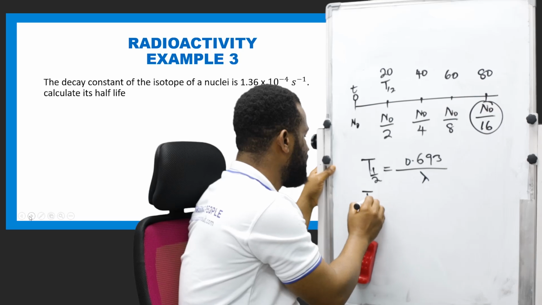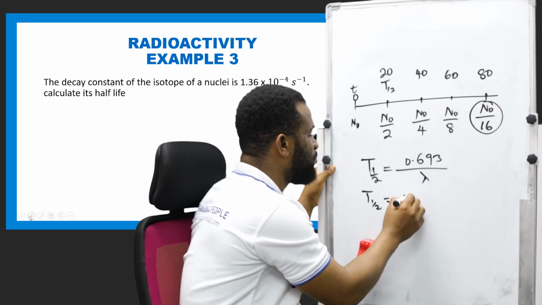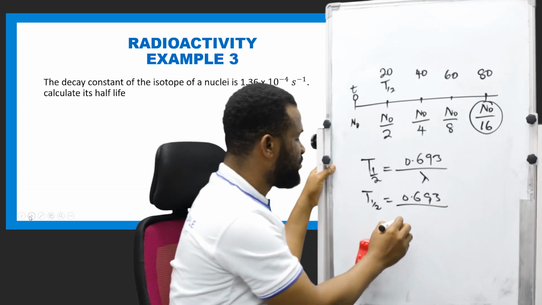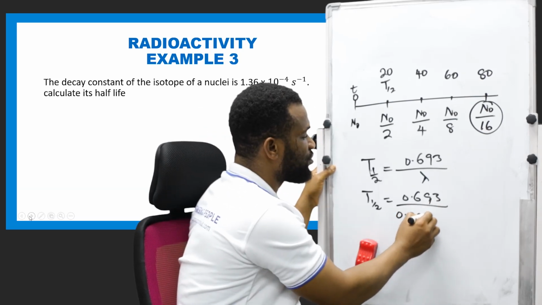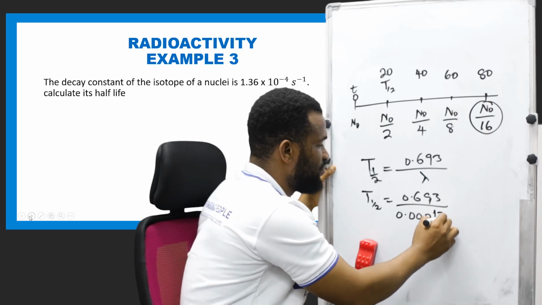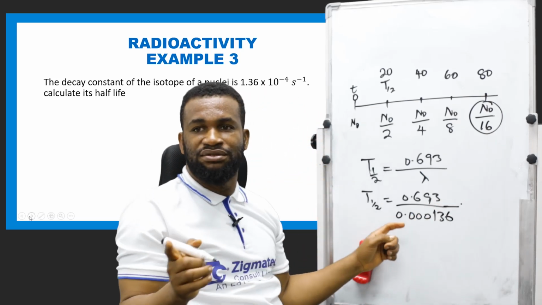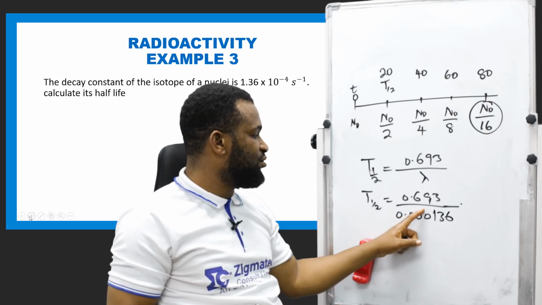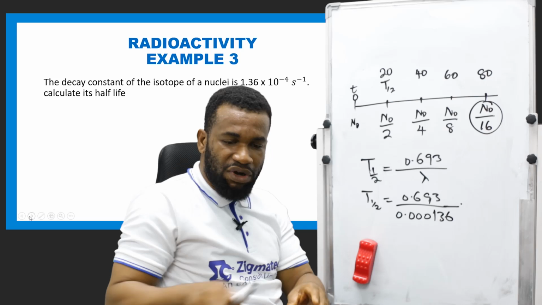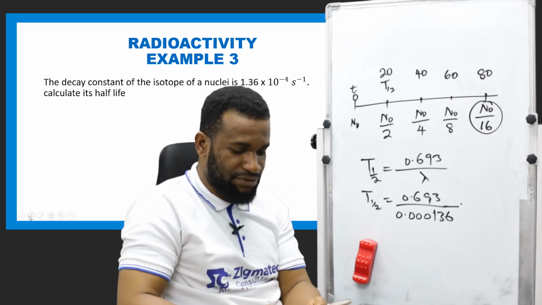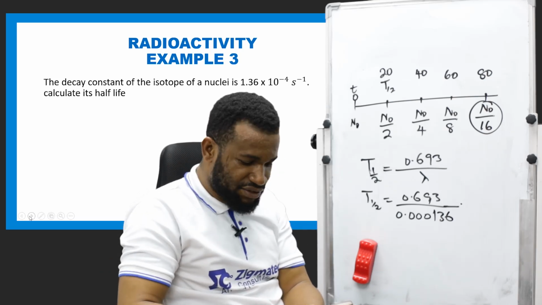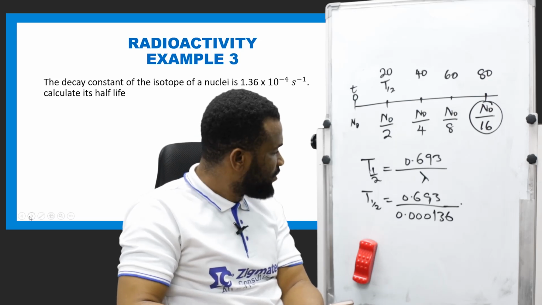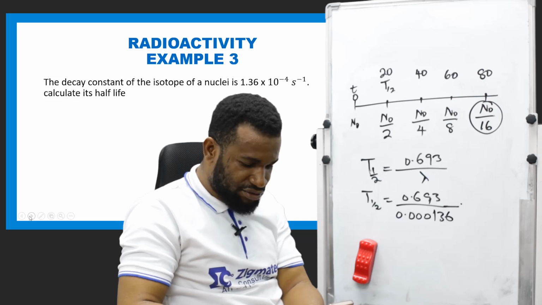So I'm going to have T 1 over 2 is going to be 0.693 all over the decay constant, which is going to be 0.000136. So I'm converting it to indices, 1, 2, 3, 4. And that is it. So when we divide this, we are going to find the half-life. 0.693 divided by 0.000136.